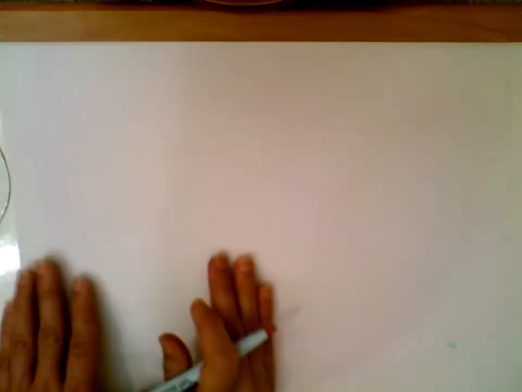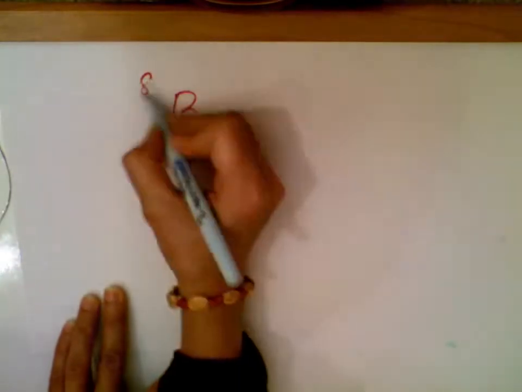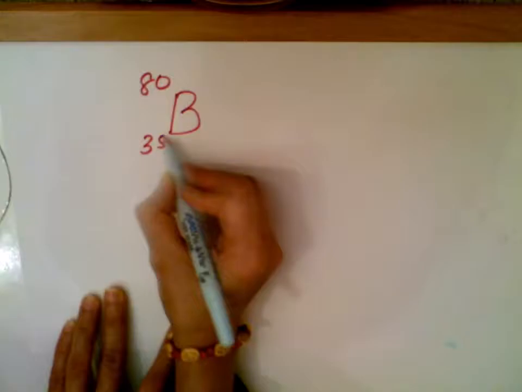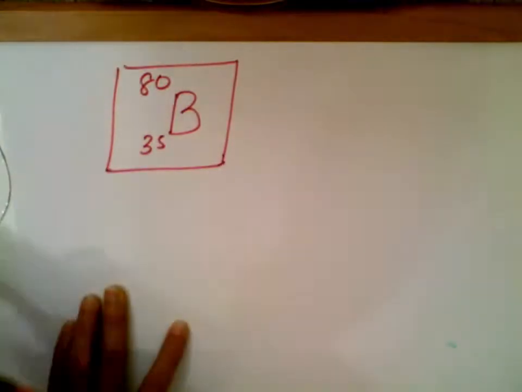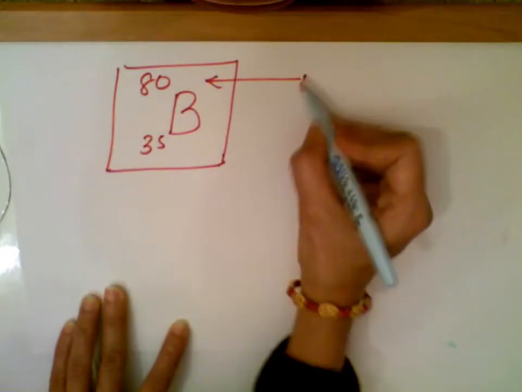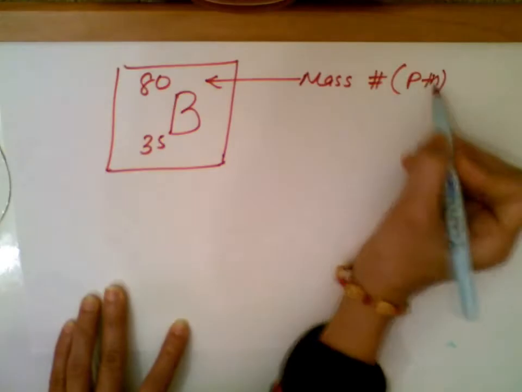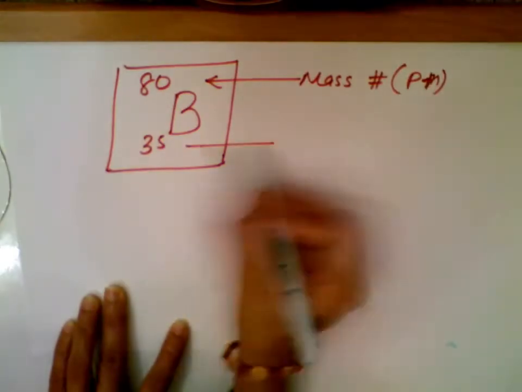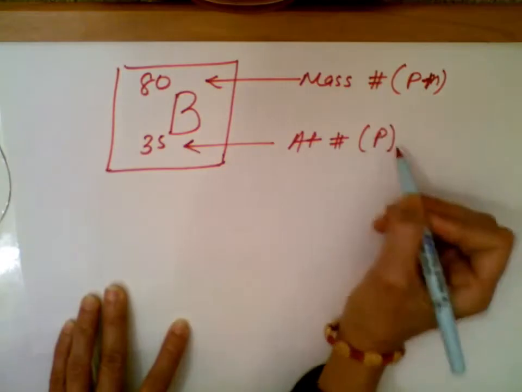Now let's work on an actual problem. Let's say you have an isotope of boron, and this information is given to you already. The top number is the mass number, protons plus neutrons, and this number is the atomic number, which is the number of protons.